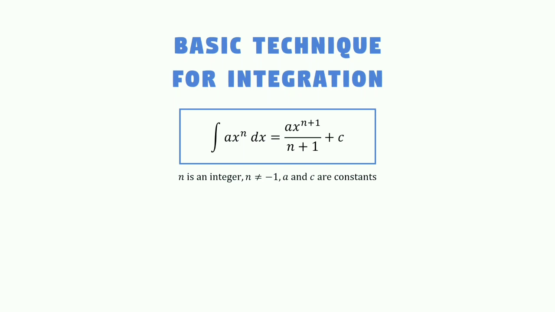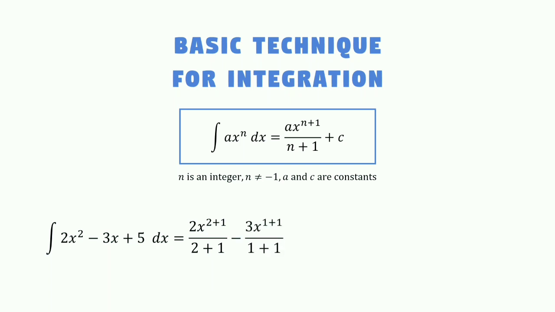Let me demonstrate an example. Here, we are asked to find the integral of 2x to the power of 2 minus 3x plus 5 dx. Applying the basic technique, this is equal to 2x to the power of 2 plus 1 divided by 2 plus 1, minus 3x to the power of 1 plus 1 divided by 1 plus 1, plus 5x to the power of 1 divided by 1.